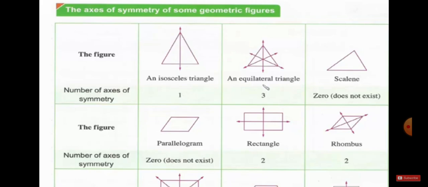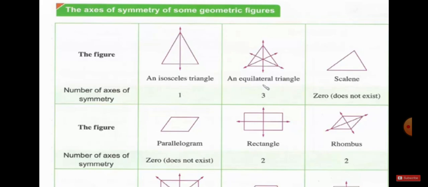An equilateral triangle, where all three sides are equal, has three axes of symmetry. A scalene triangle, where all three sides are different, has zero axes of symmetry. A parallelogram also has 0 axes of symmetry.